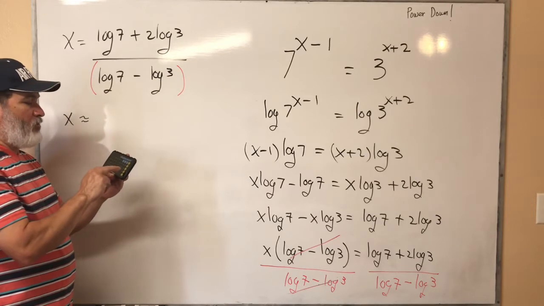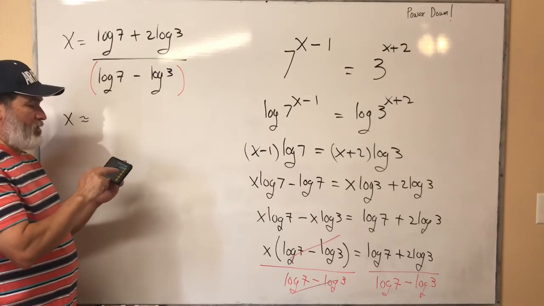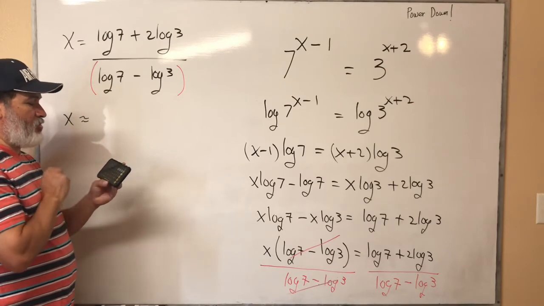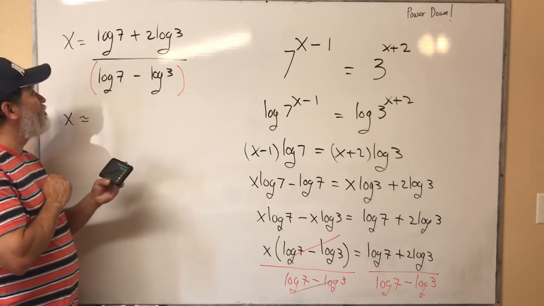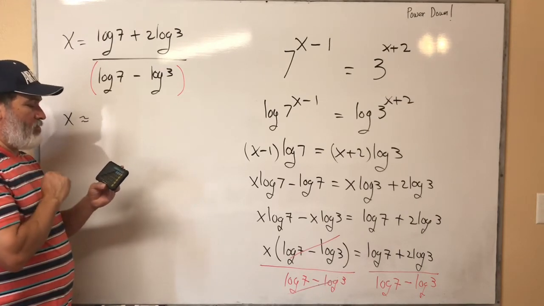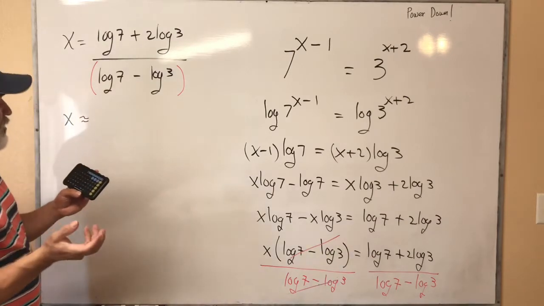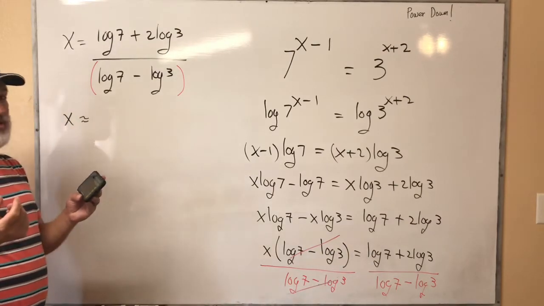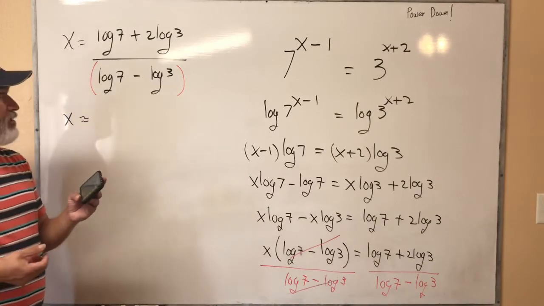Let me do it again. 3 the log times 2 plus 7 the log equal. Oh, I had it wrong earlier then. Now I get 1.79, 1.8.